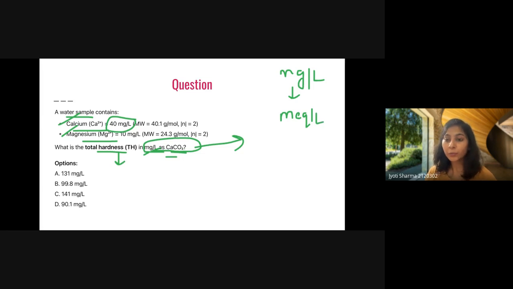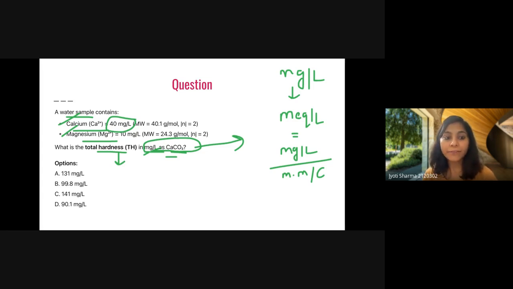And how can we do this? This will be equal to mg per liter divided by molar mass, and this molar mass will be divided by charge.